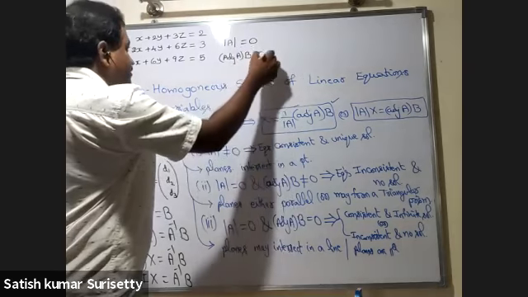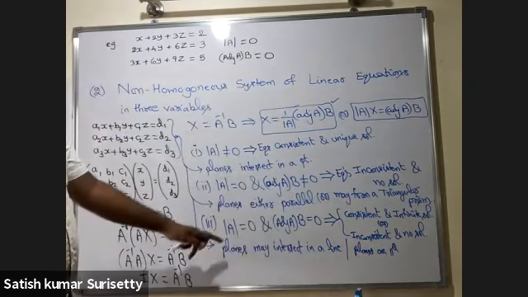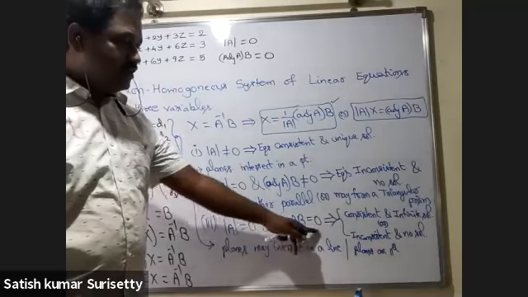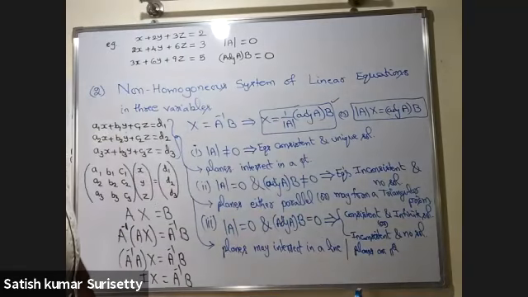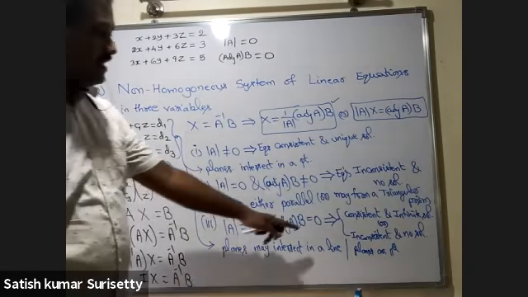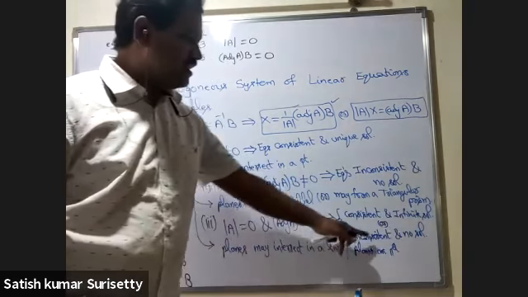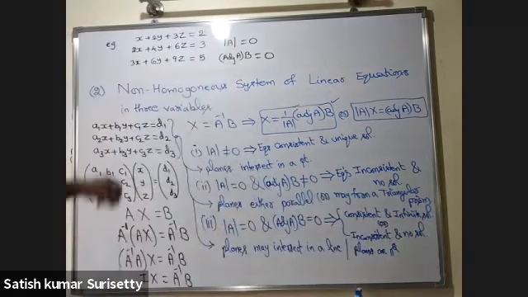That means determinant of A is 0, and adjoint of A into B is also 0. Can you say here consistent and infinite solutions, or inconsistent and no solution?